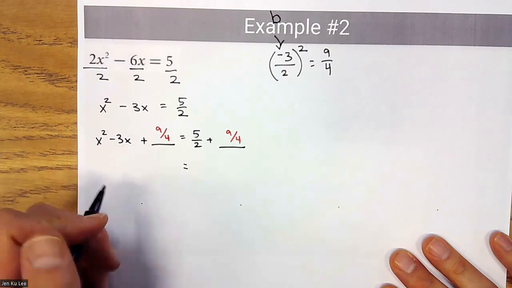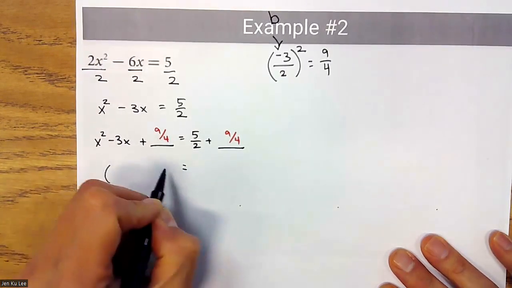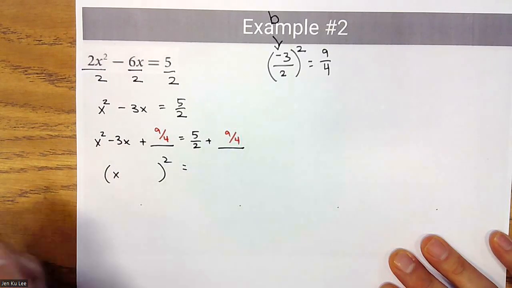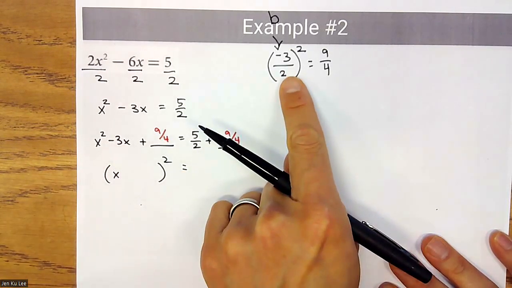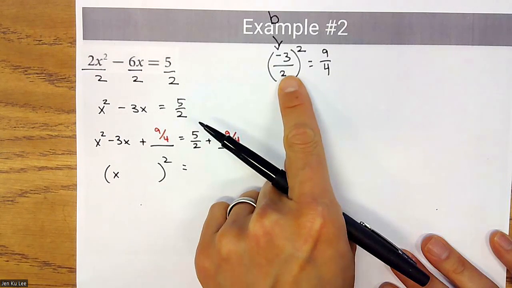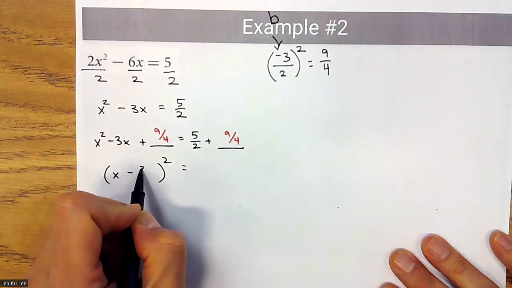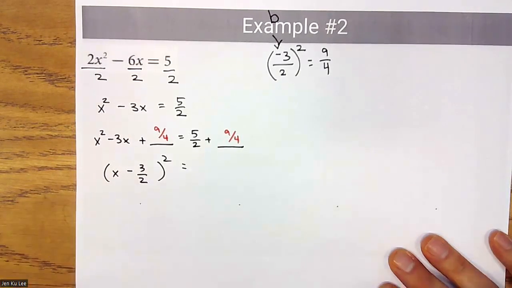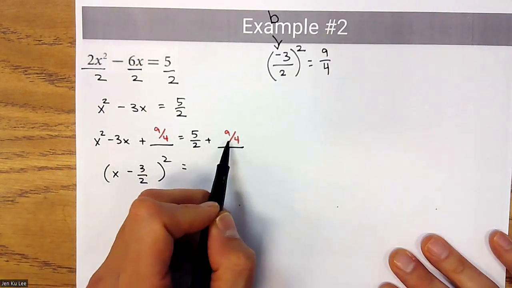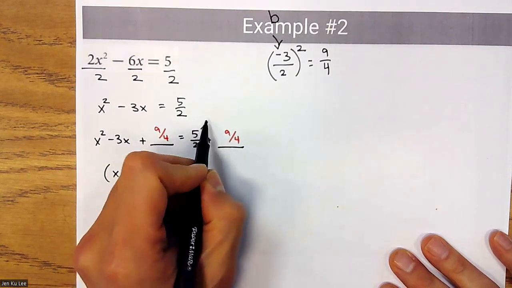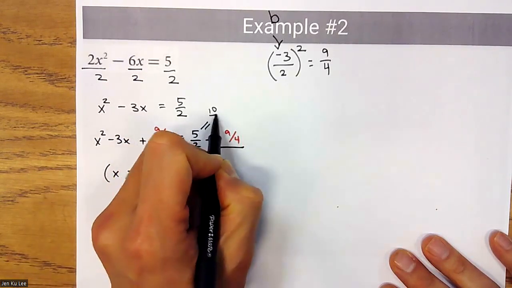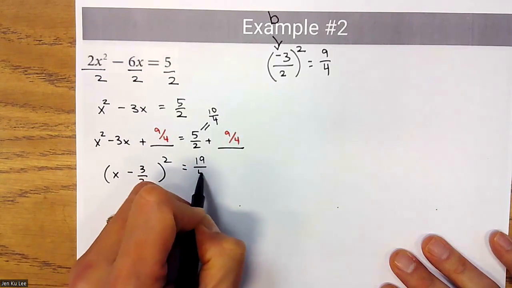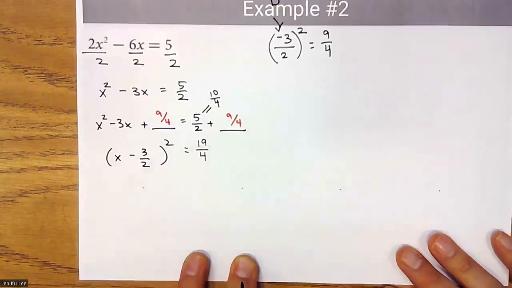So what I'm going to do is I know my a value is x. And since I know my b value is -3 halves, I'm just going to plug it in here. Okay. And then 5 halves plus 9/4. 5 halves is 10/4 plus 9/4. That's 19/4.